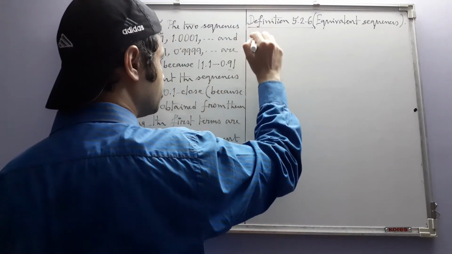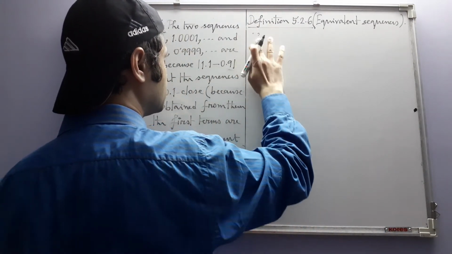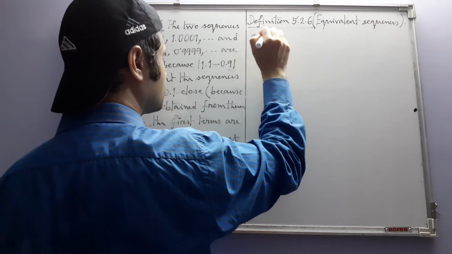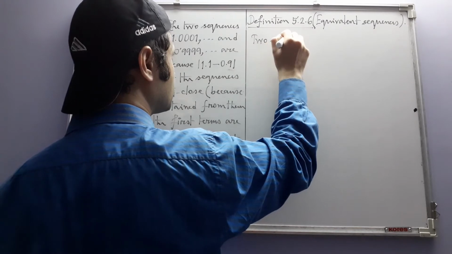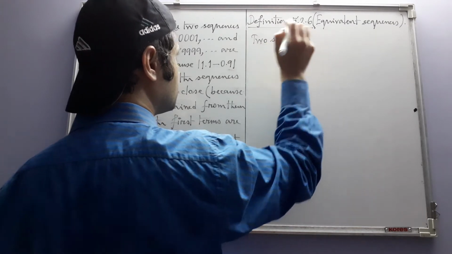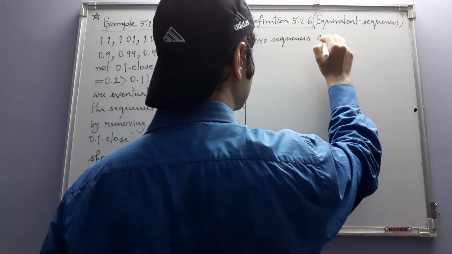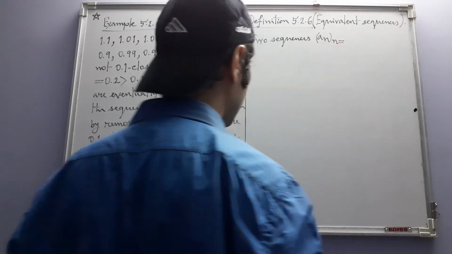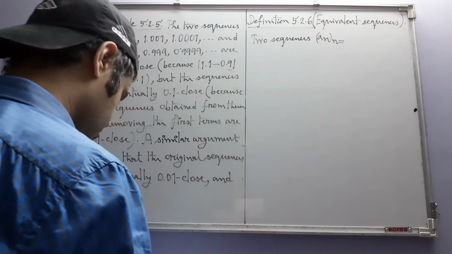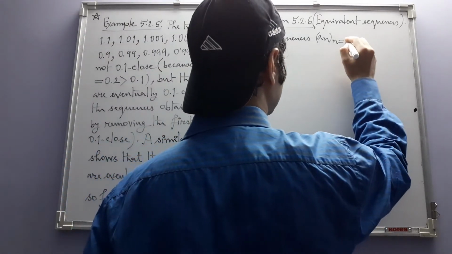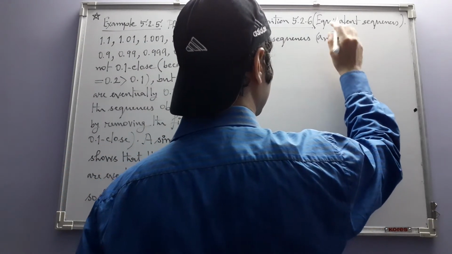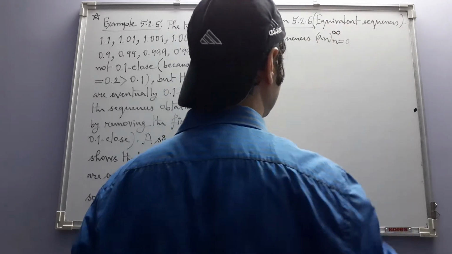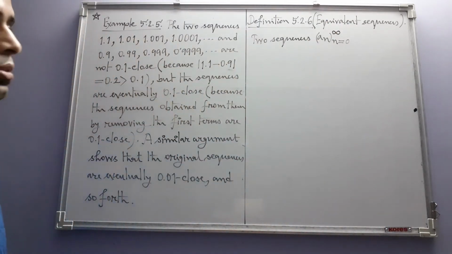The definition goes like this. Two sequences an and bn. Here also n is starting from 0. It does not matter what n starts from, but I want to be consistent with the text.